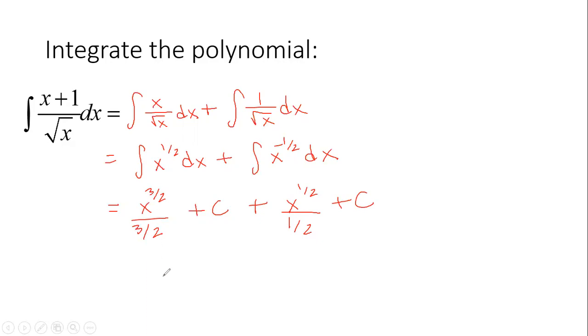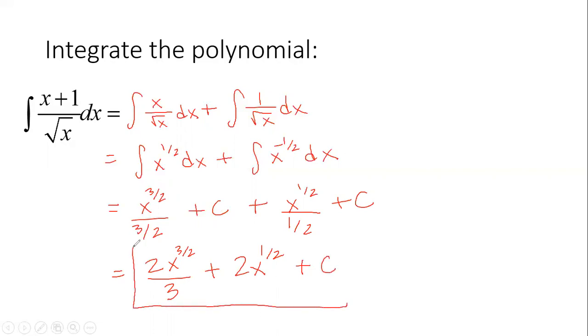This right here is going to give me 2x to the 3 over 2 divided by 3. This piece right here is going to give me 2x to the 1/2. And again, I don't have to worry that there are 2 c's. I only have to include one of them in my final answer. So my indefinite integral here is going to be that value right there.